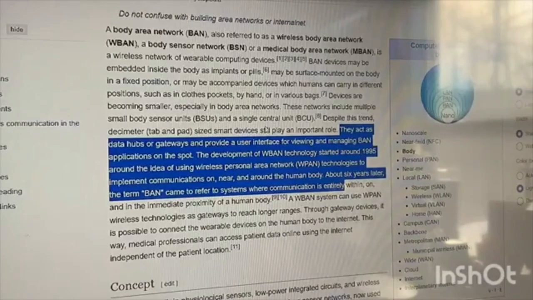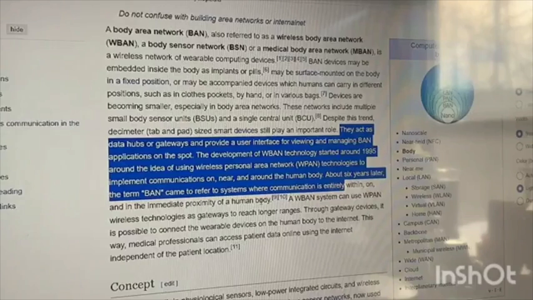Devices are becoming smaller, especially in body area networks. These networks include multiple small body sensor units and a single central unit. Despite this trend, decimeter, tab, and pad size smart devices still play an important role. They act as data hubs or gateways and provide a user interface for viewing and managing body area network applications on the spot.